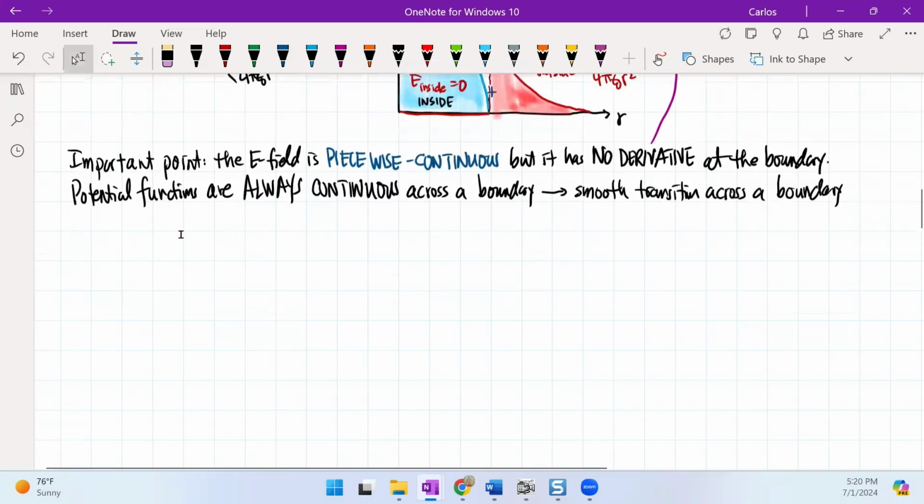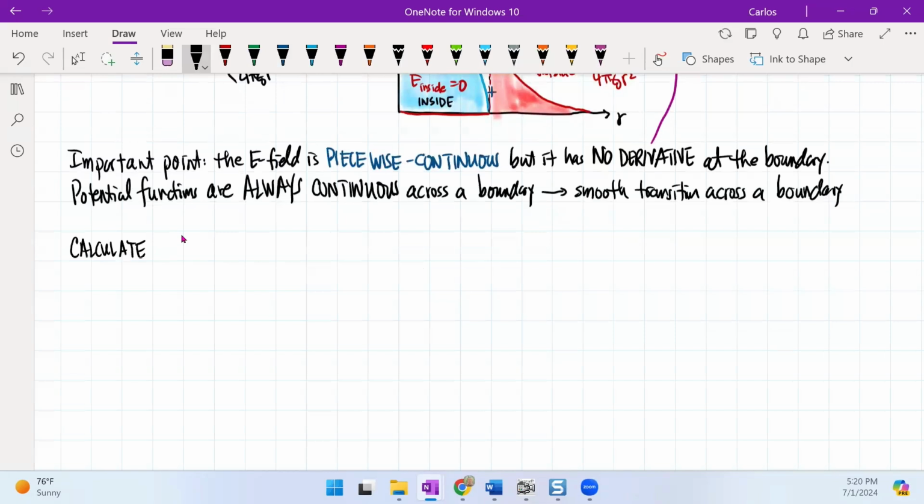So now let's go look at this. What we want to do here is calculate potentials, and we're going to start with the outside of the sphere.